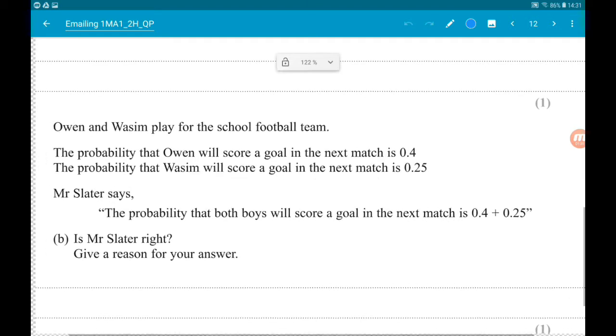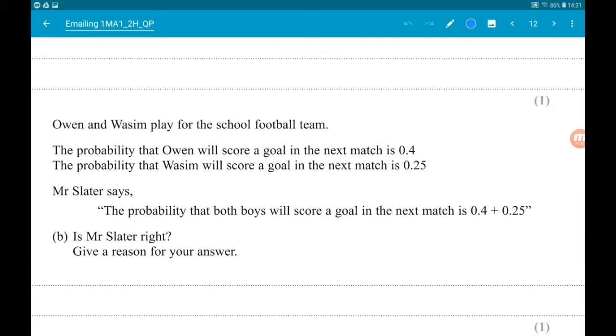Okay, and then for part B, Owen and Wasim play for the school football team. The probability that Owen will score a goal in the next match is 0.4.